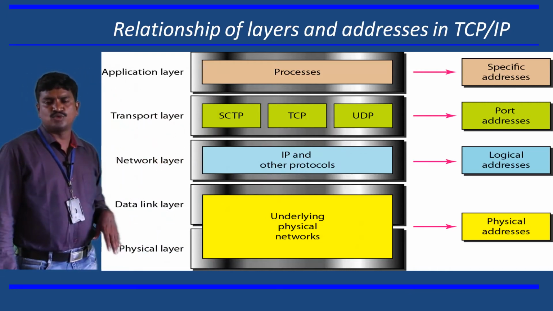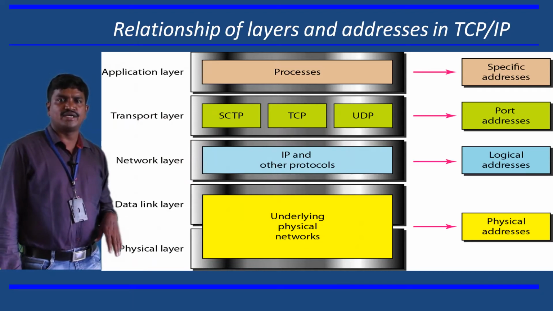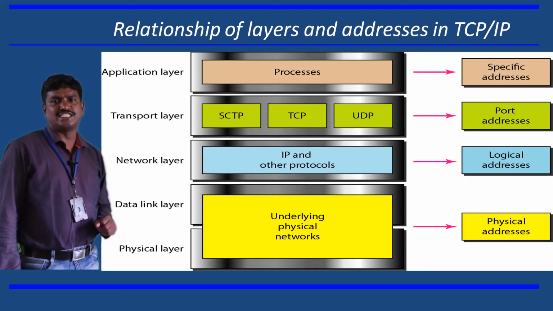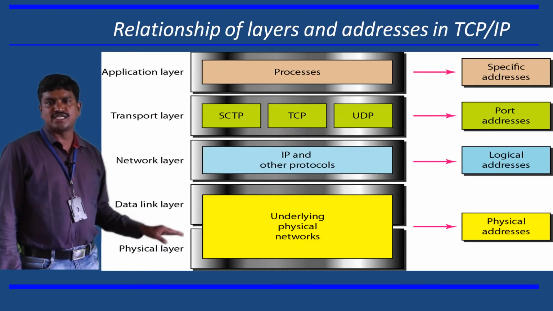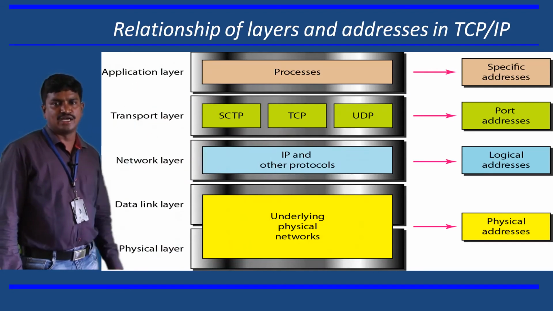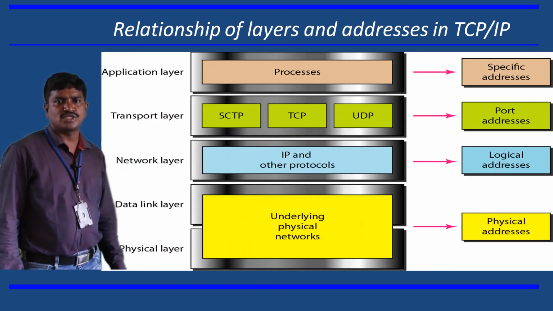Up to this point we have completed the layers in TCP in comparison with the OSI model, and the different addresses we use in TCP and where those addresses exist in the layered architecture. We stop this class up to this point.